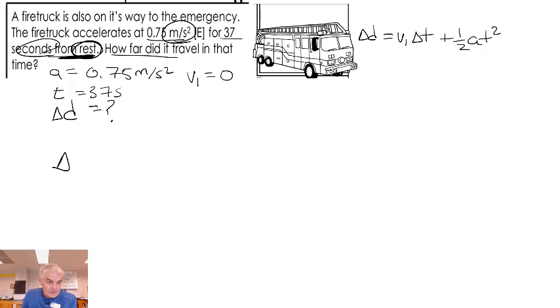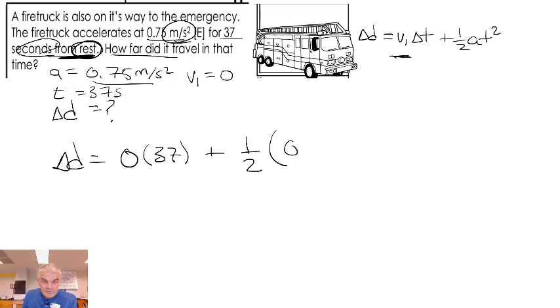So delta D is equal to V1, and V1 is 0. That's pretty easy. Times the time, which is 37 seconds, but it's 0 times 37, plus 1/2 times A, which is 0.75, times T squared. T is 37 squared. Super easy on your calculator. I'm going to do the 37 squared first.